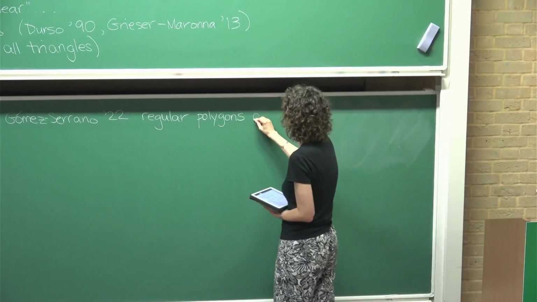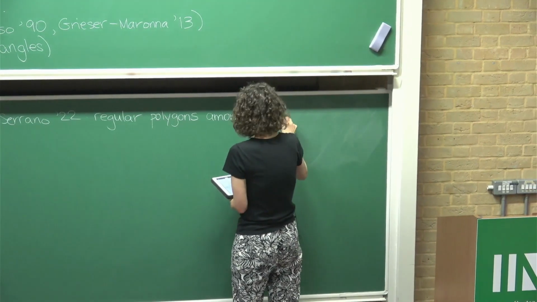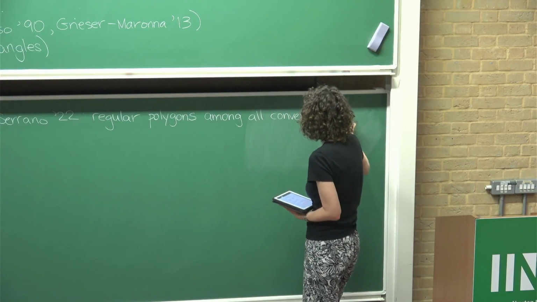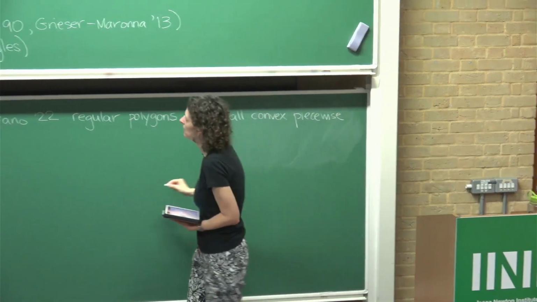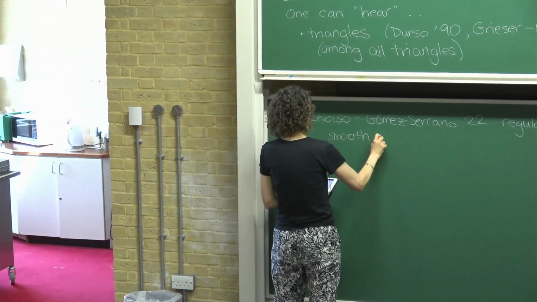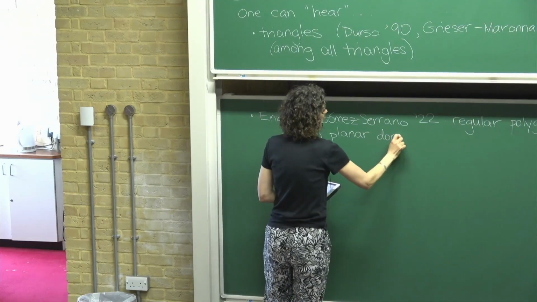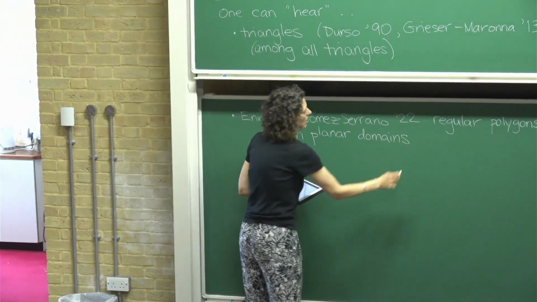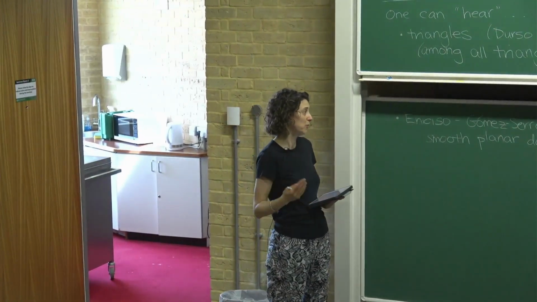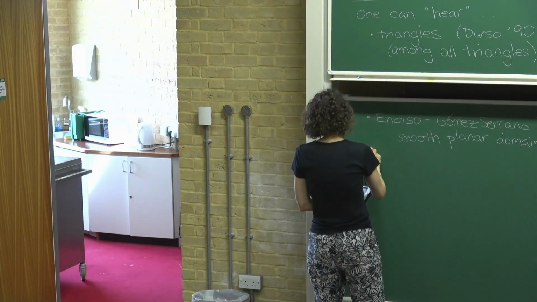So regular polygons among all convex, piecewise smooth planar domains. If you're in the collection of convex planar domains with smooth boundary, you can hear the regular polygons. That's a little bit more recent.